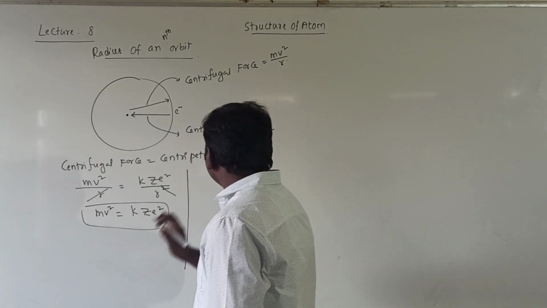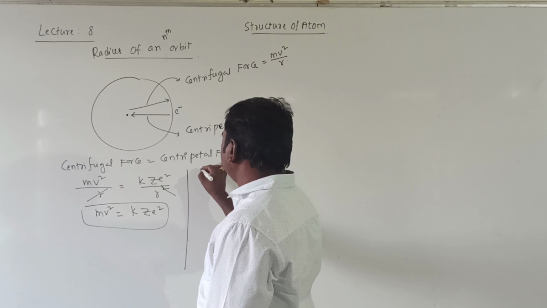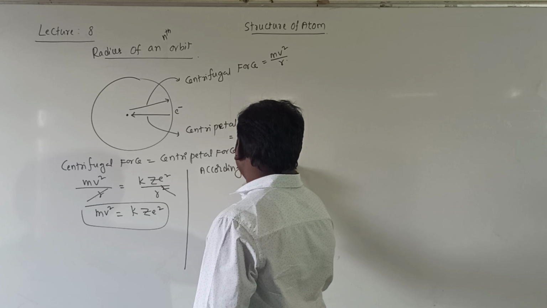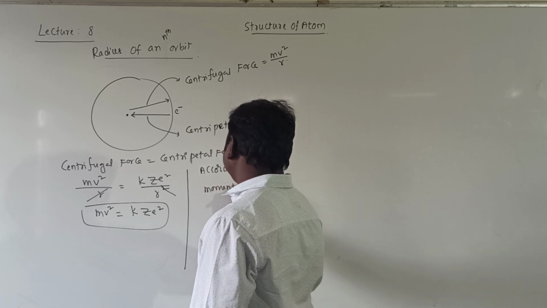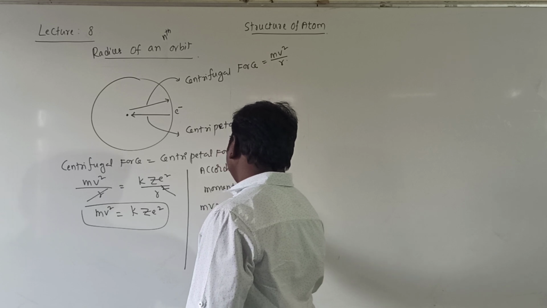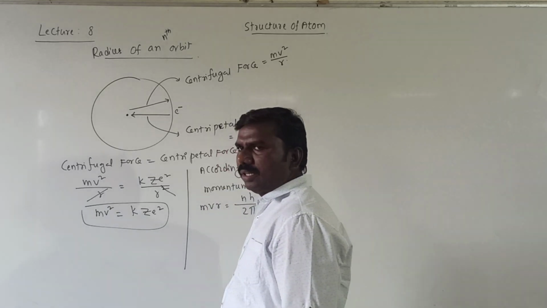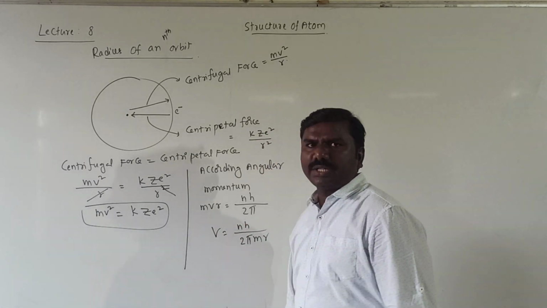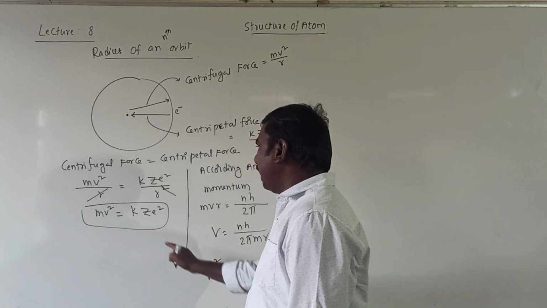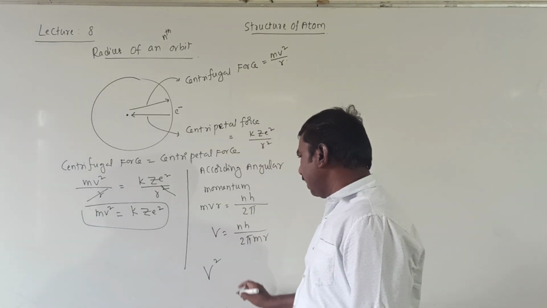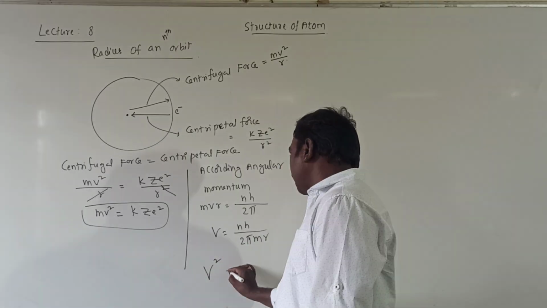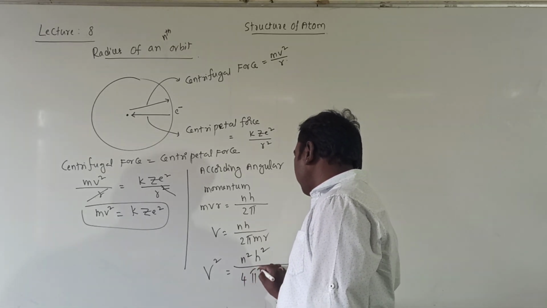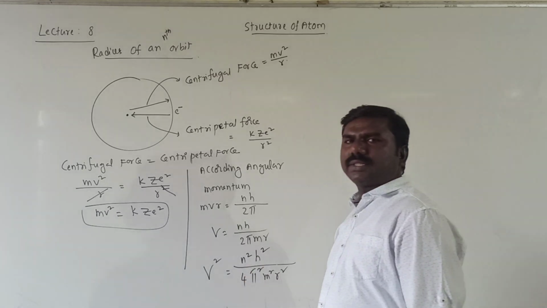Next one. According to angular momentum of electron, mvr equals nh by 2 pi, where v equals nh by 2 pi mr. I need v square, so squaring on both sides, that is equal to n square h square by 4 pi square m square r square.